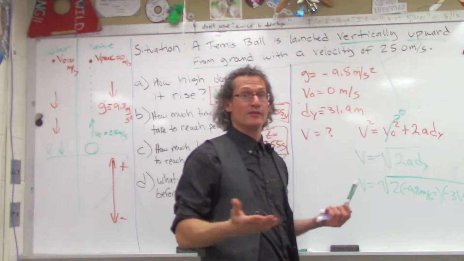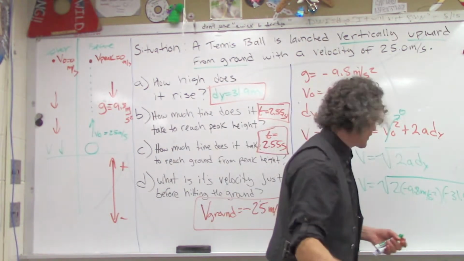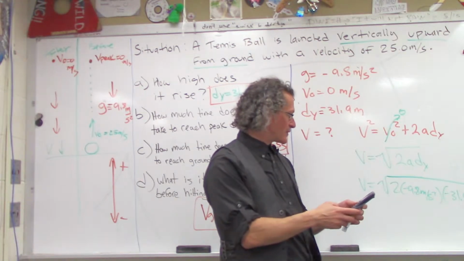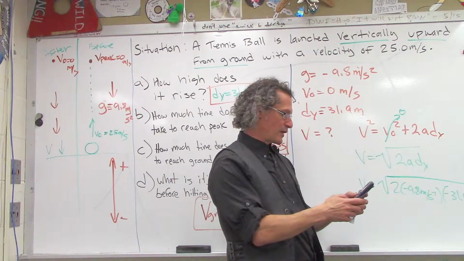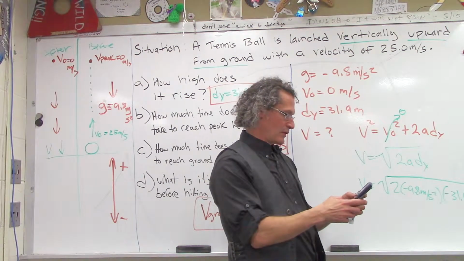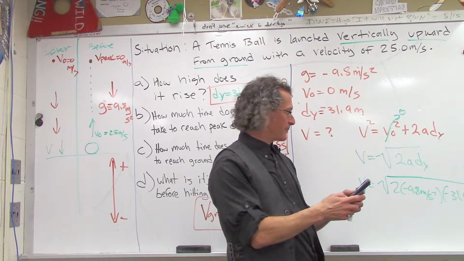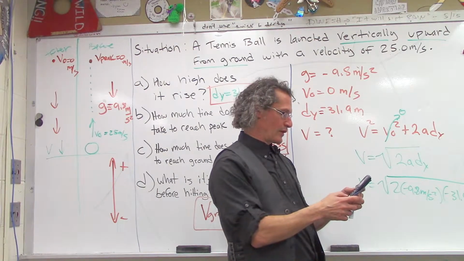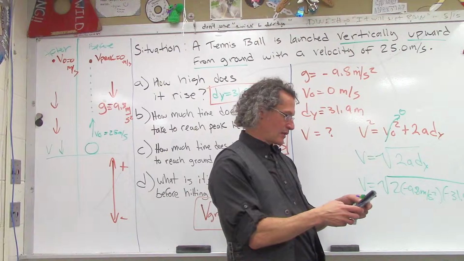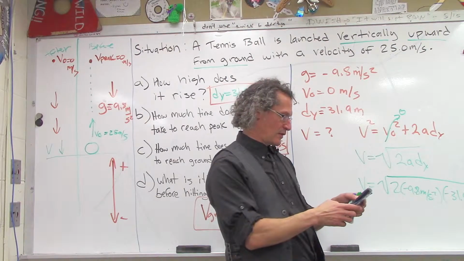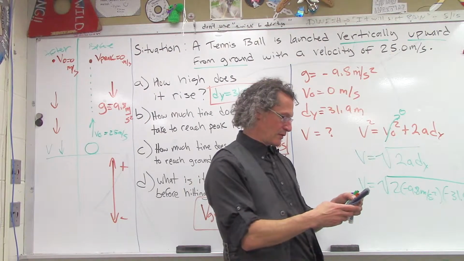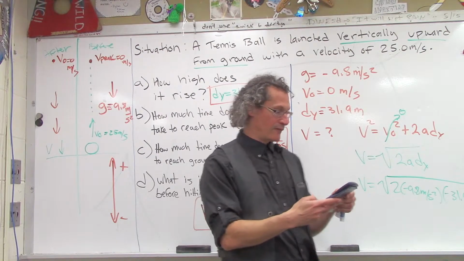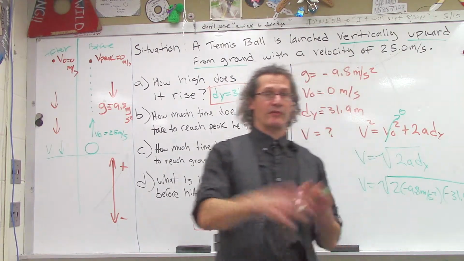It's really important in physics that we do that. So, what do we got? 2 times 9.8 times 31.9, and then the square root of that, I get 25.004, with some rounding errors.